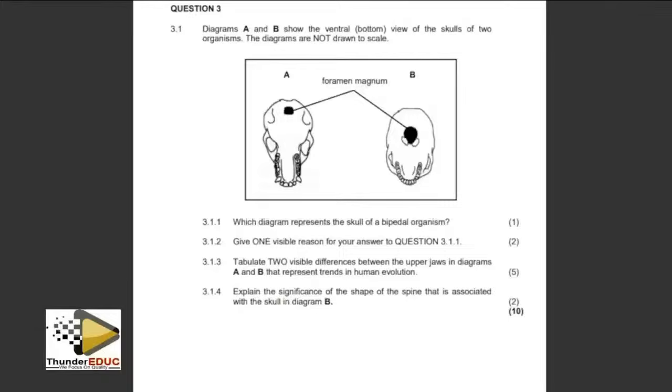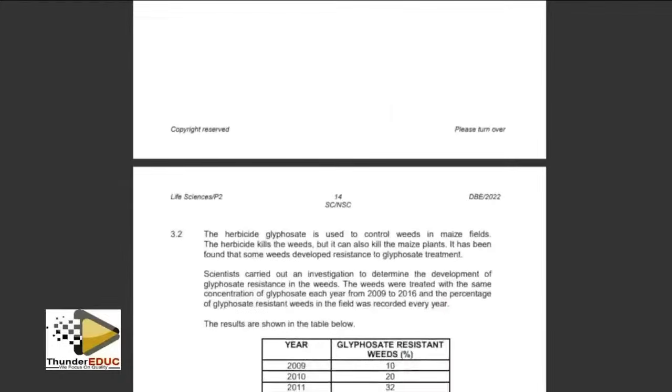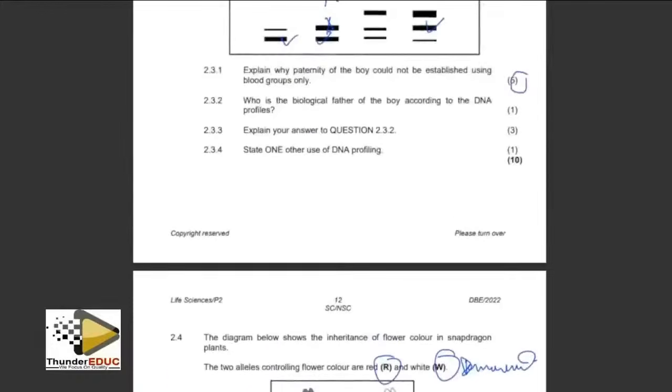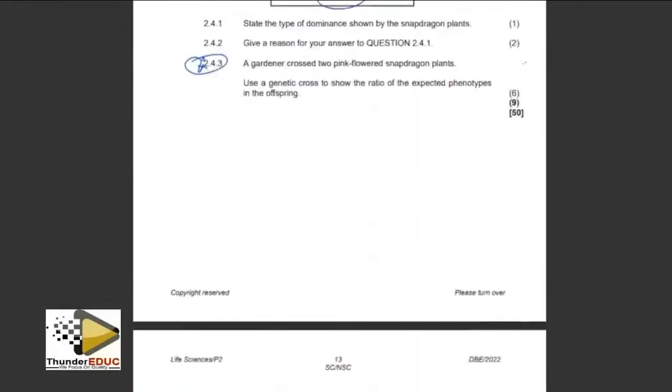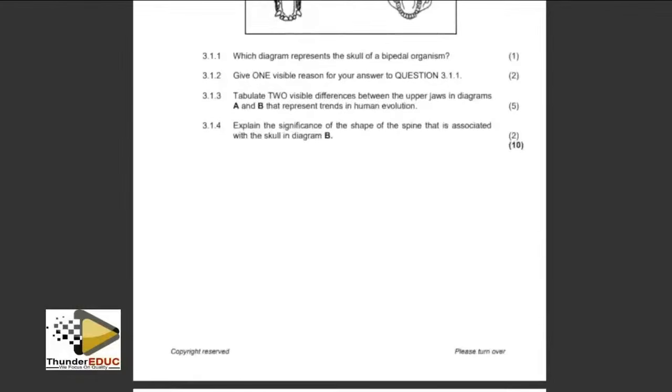But now, what are the factors which contribute to bipedalism? There are 3. The first one, I will write even if this doesn't want me to write. Number 1 is the shape of the spine.